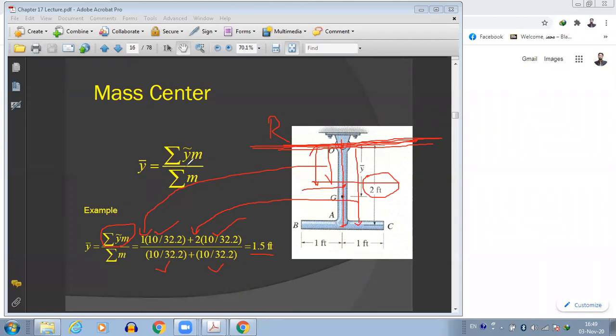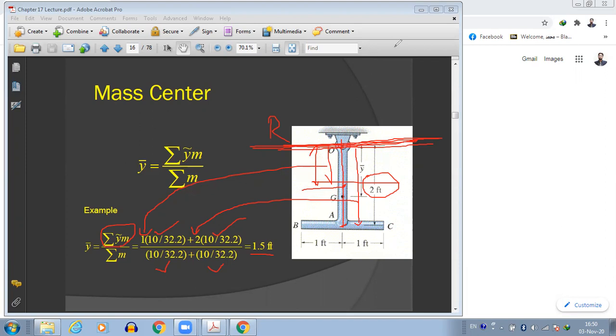No, I think you're not getting it. This is mass center. We are not talking about force or anything like that here. We are just trying to figure out the mass center for this entire object. The mass center for this entire object would be the summation of the mass center of the individual objects multiplied by the mass of the individual objects, divided by the summation of the masses.